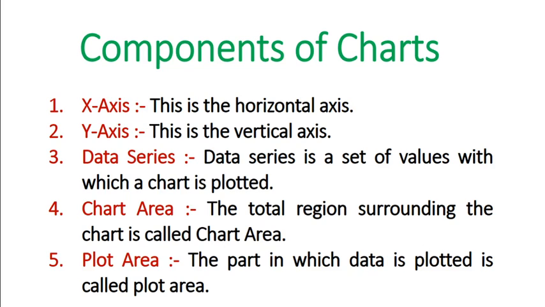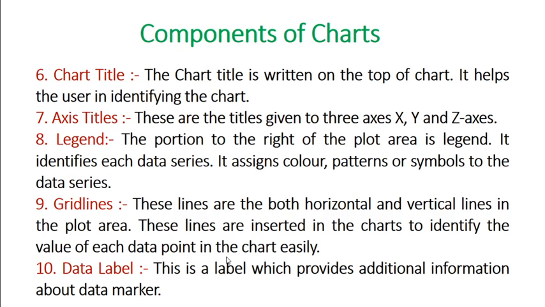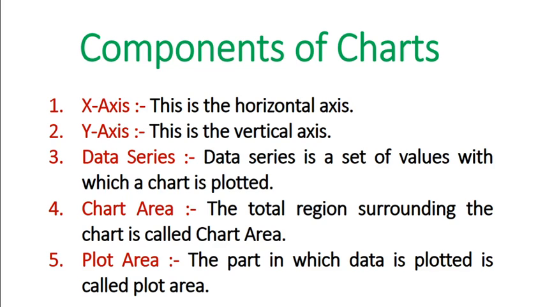The components of chart. Now we will find here there are 10 components of chart. So we will try to study one after another. The first component of chart is x-axis. This is the horizontal axis.